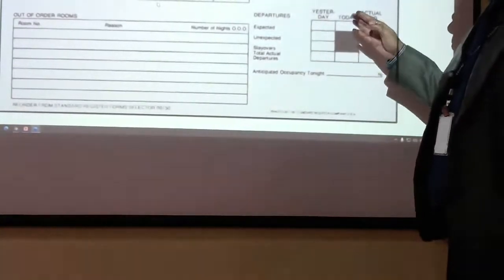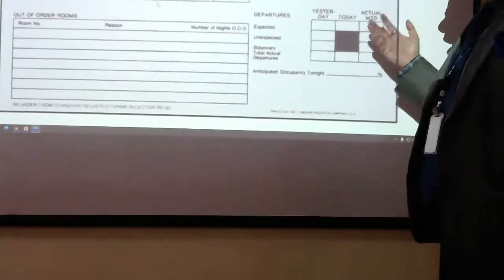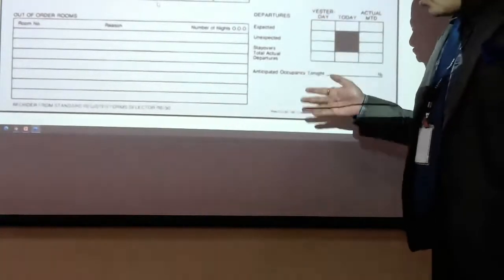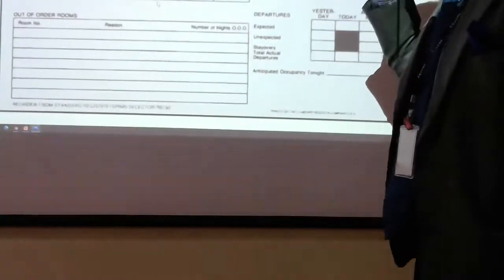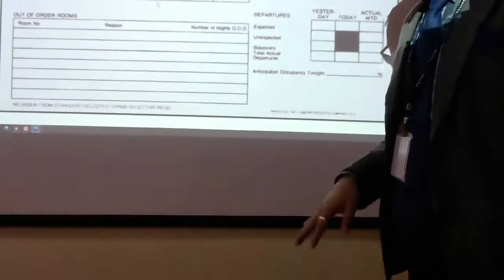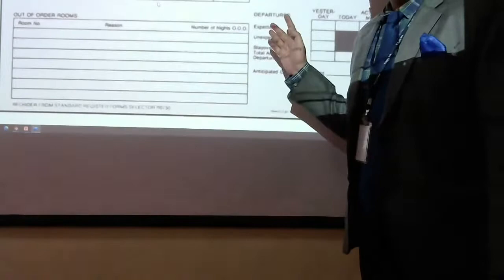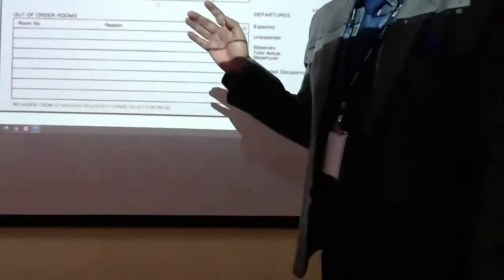So we talk about departures of yesterday and today, actual and expected, unexpected stayovers, total actual anticipated occupancy tonight, and all those information. Now, as you can see, all this information helps us to compute the forecasting formulas. So we could not have done the forecasting formulas until and unless this daily operations report is made.